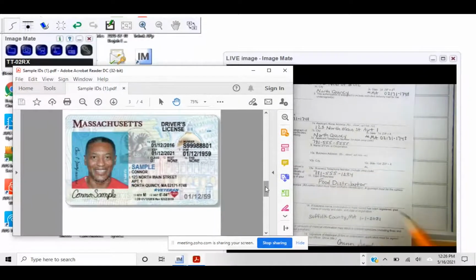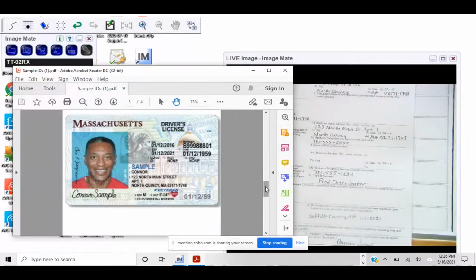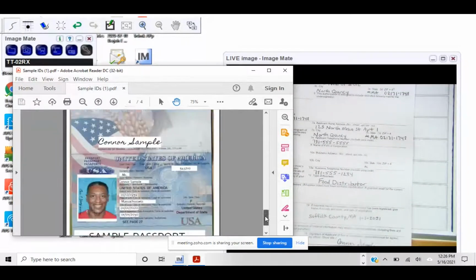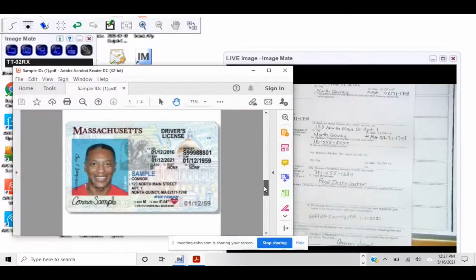Where did I leave off? Okay, so guys, fill out your A and your B. We have the driver's license that he produced, and he also produced a U.S. passport. I'm going to let you go ahead and fill in the driver's license part.